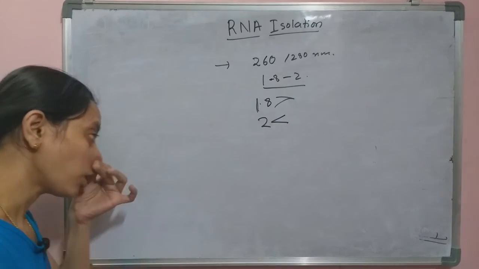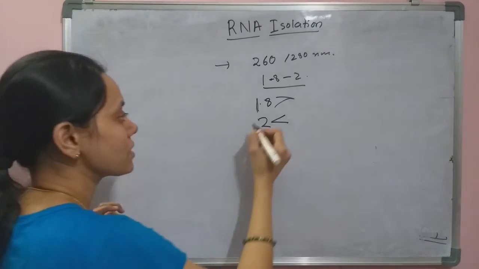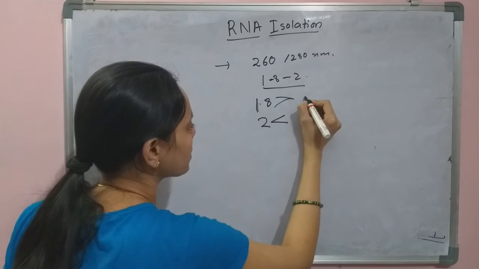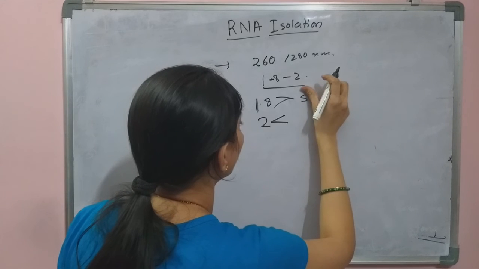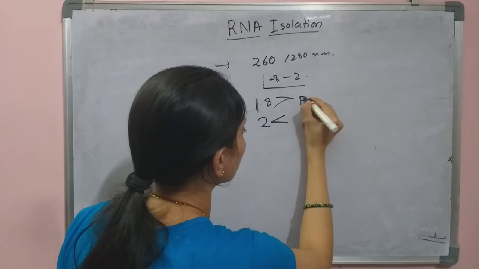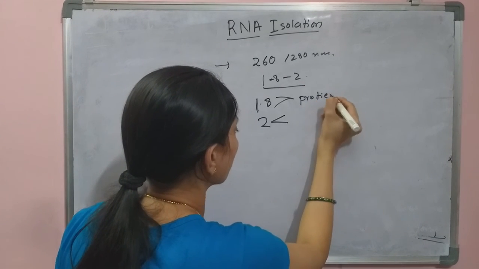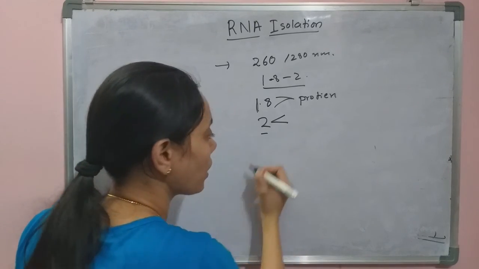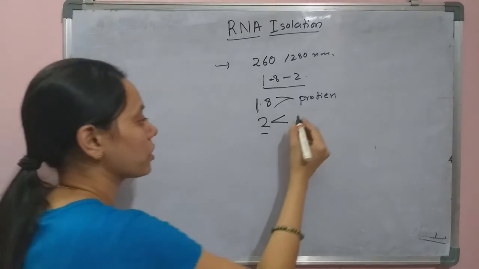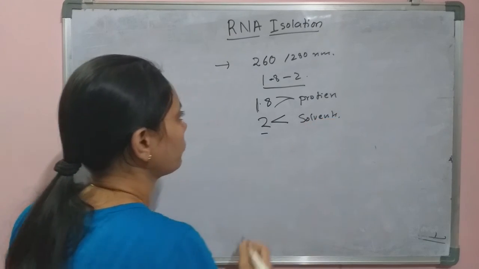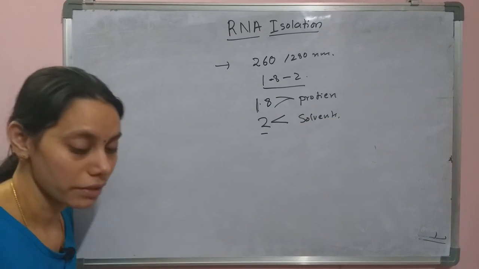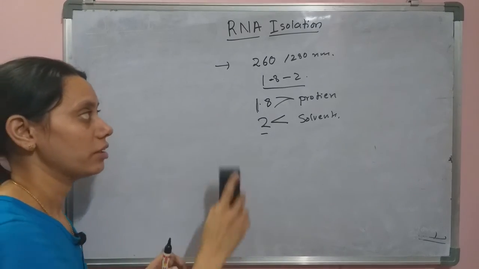If the value obtained is less than 1.8, it indicates that it is contaminated with proteins, and if the value is higher than 2, it is contaminated with solvents. And that is how we decide the purity of the extracted RNA.